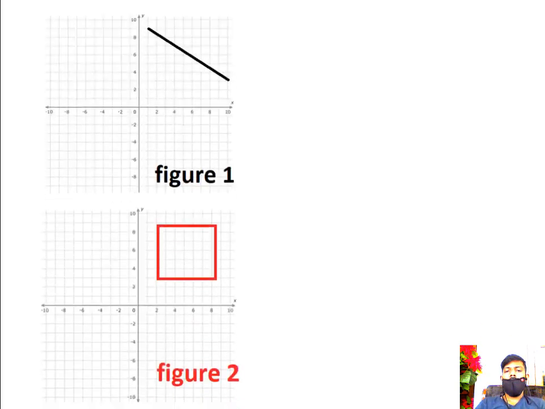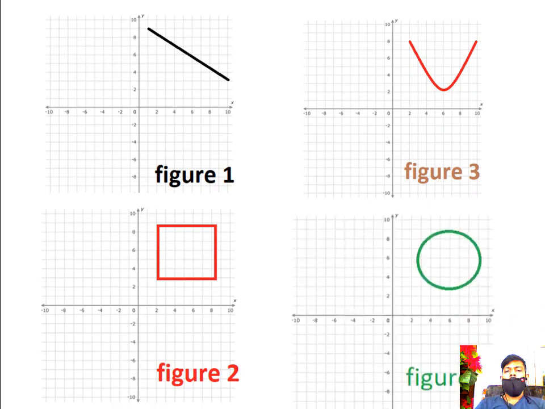So again the figures 1, 2, 3, 4. Draw a vertical line in figure 1, and that vertical line crosses the graph at exactly one point. Therefore, it is an example of function. And again, in figure 2, if you draw a vertical line, that vertical line crosses the graph at 2 points.